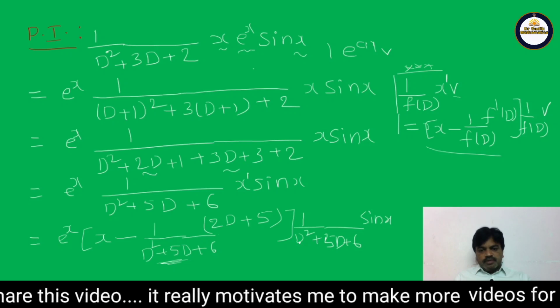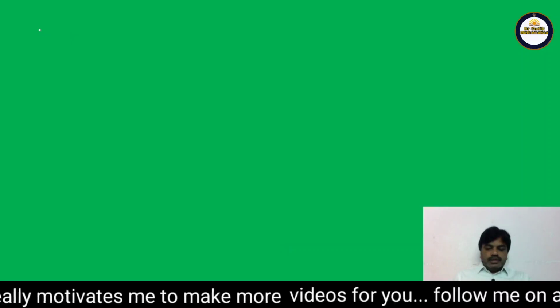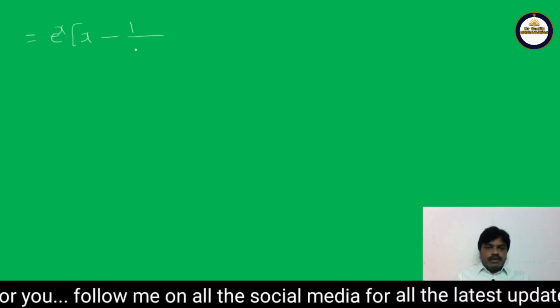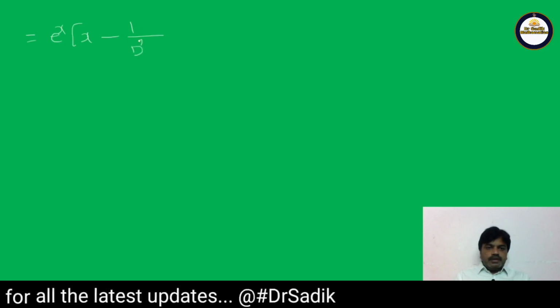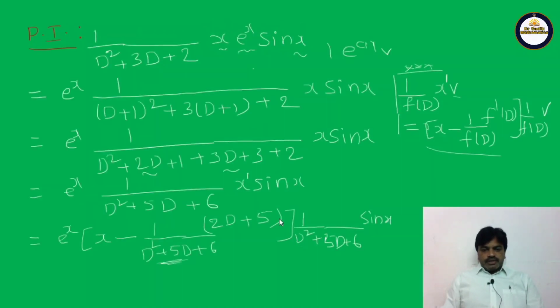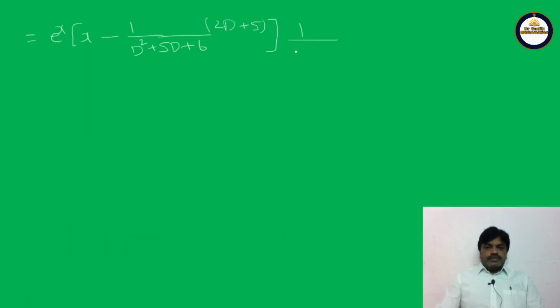So e power x bracket x minus 1 by D square plus 5D plus 6, derivative of this, so 2D plus 5 bracket close, 1 by. Here replace minus 1 square, friends. I want to write here minus 1 square plus 5D plus 6 into sin x.